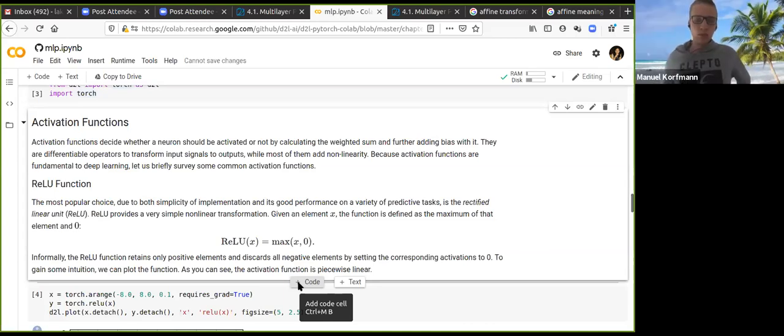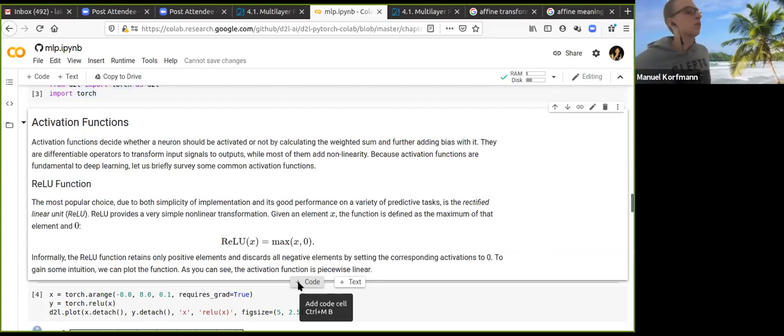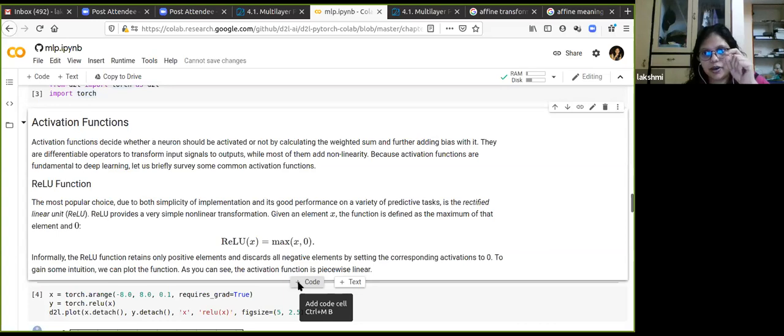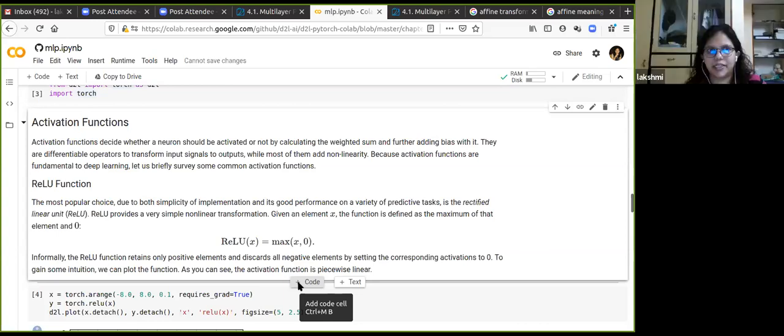These activation functions can be any other mathematical functions applied on the inputs, which will help us in better learning. But it depends on the function. If it's just another linear function, then it will not change anything. So if sigma of Wx plus b is another affine function, then it will again be affine. It will not change.